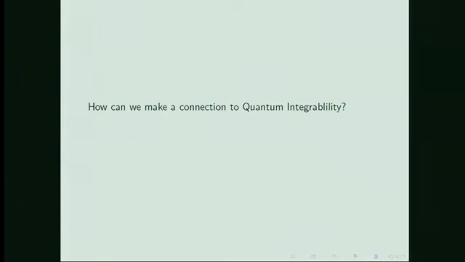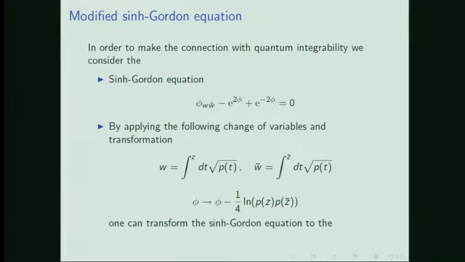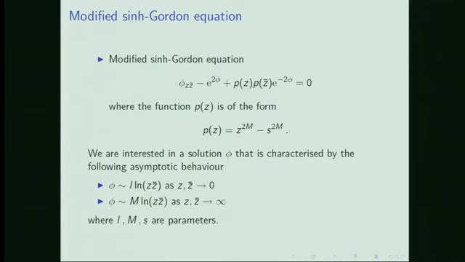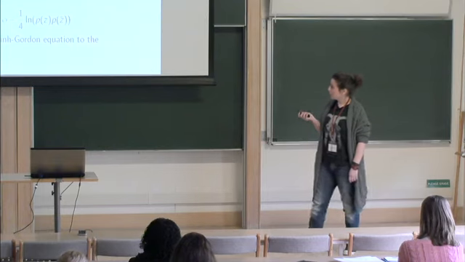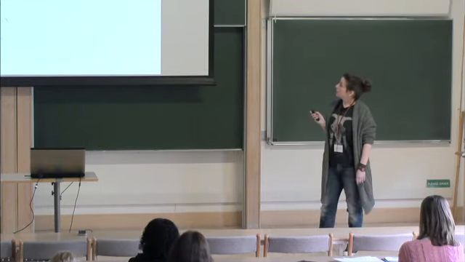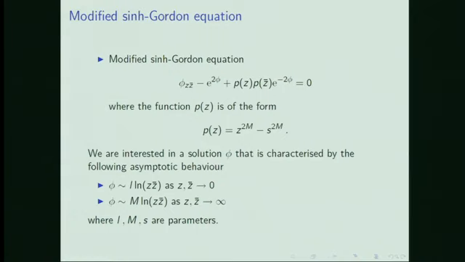This is nice, but how can we make the connection to quantum integrability? We'll start off by studying, again, the sinh-Gordon equation, where here I have w and w bar instead of z and z bar. We will apply this change of variables and also this transformation to the field. If we do that, the sinh-Gordon equation transforms into this modified sinh-Gordon equation.